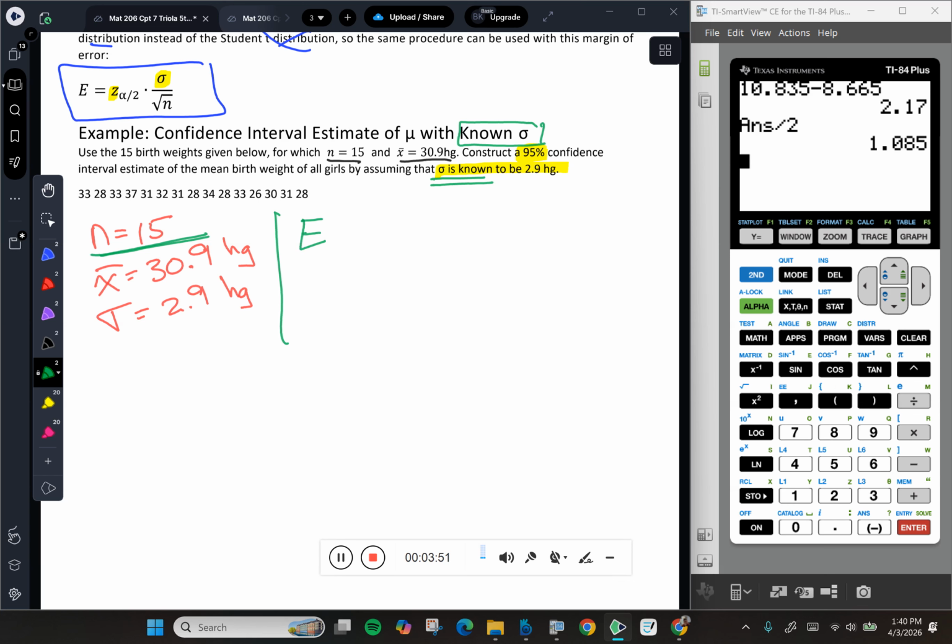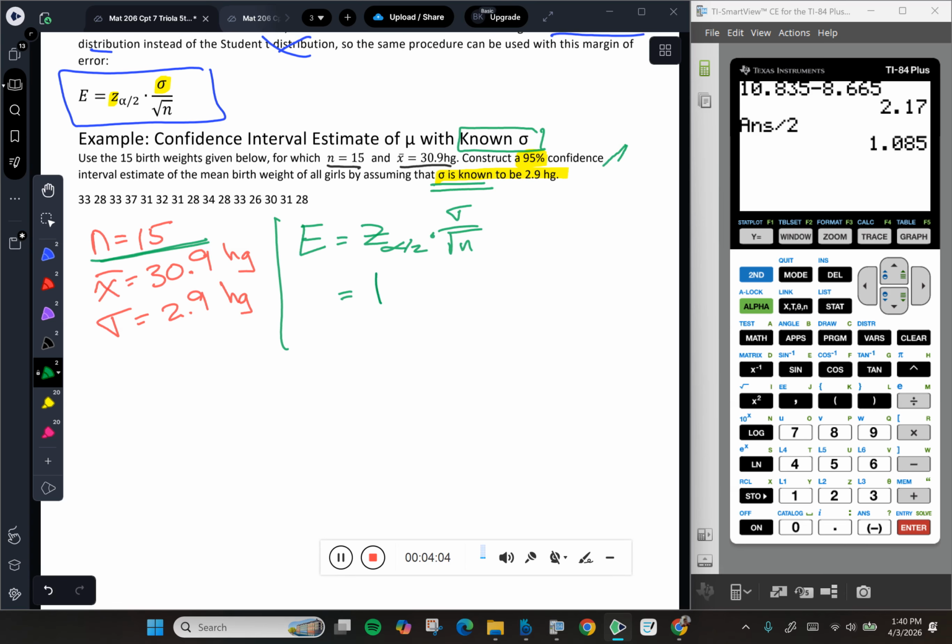Okay. So E, the margin of error, is going to be that critical value, z sub alpha divided by 2, multiplied by that population standard deviation divided by the square root of the sample size. Since this is a 95% confidence interval, that z is 1.96, multiplied by 2.9, divided by the square root of 15.